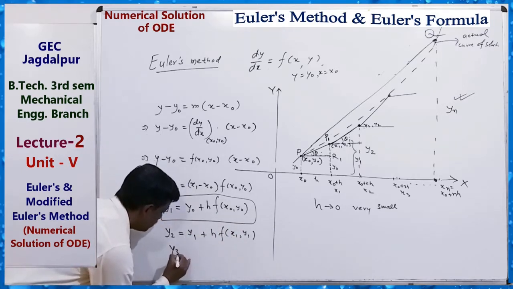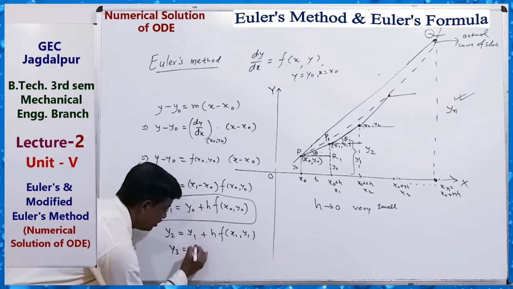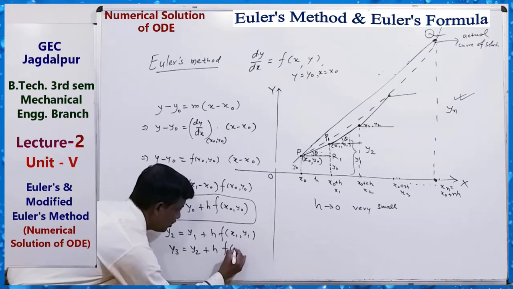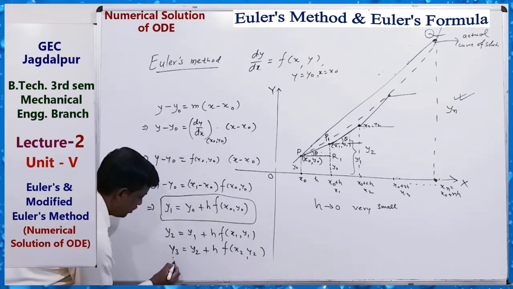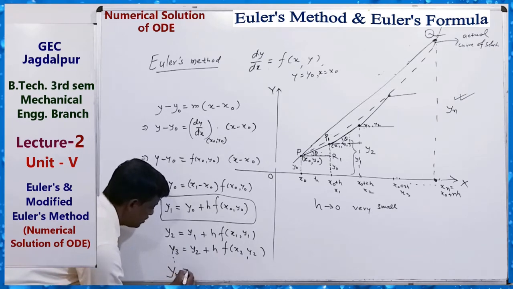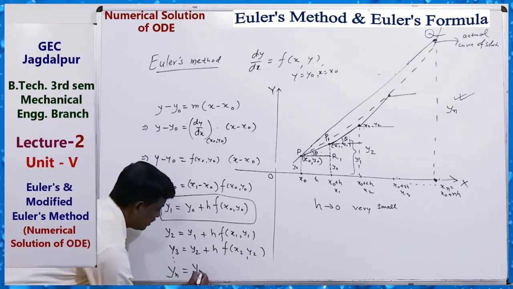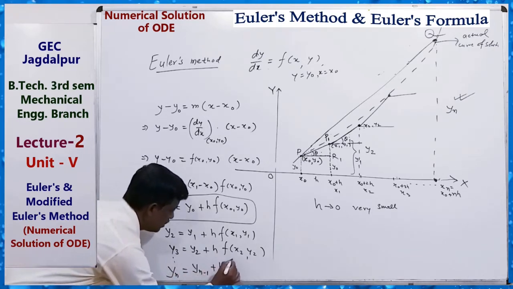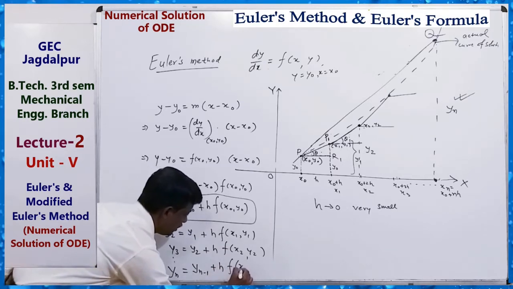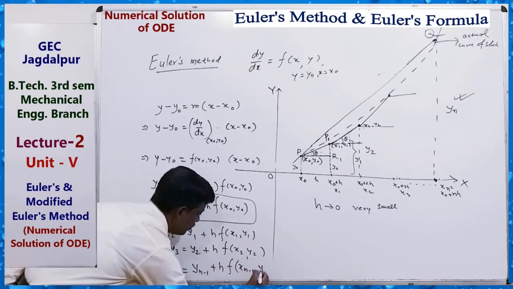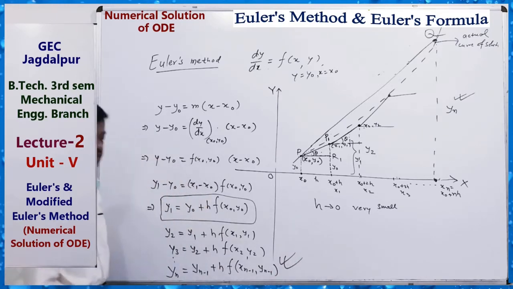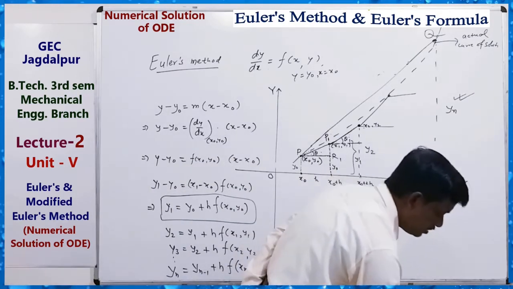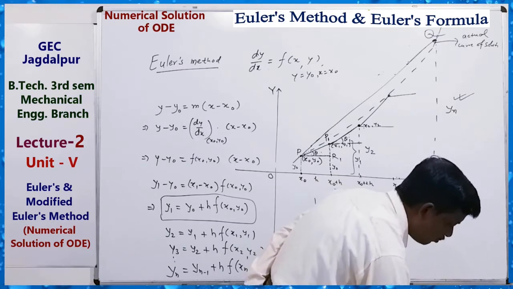Similarly, y3 equals y2 plus h f(x2, y2), and so on. Up to the nth stage, we get yn equals y(n minus 1) plus h f(x(n minus 1), y(n minus 1)). This is our formula, Euler's formula.